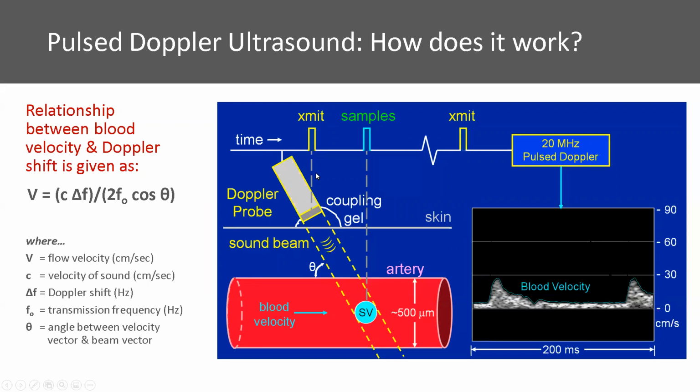It transmits a pulse, you get the echo back, and you capture it within this window before the next pulse is sent out. The timing between these pulses is what determines the frequency. So you can get the signal, and velocity can be calculated using this formula. Very simply, it's a function of angle as well. That's why I was mentioning the angle earlier.